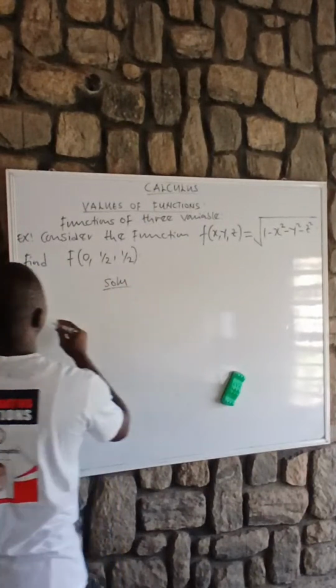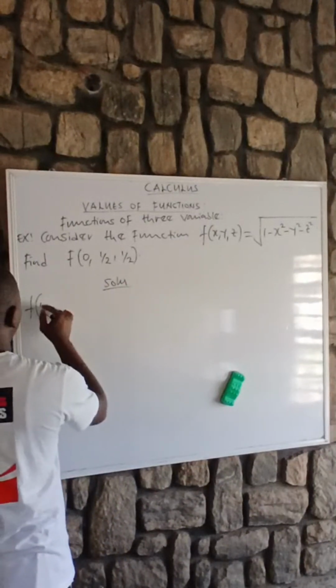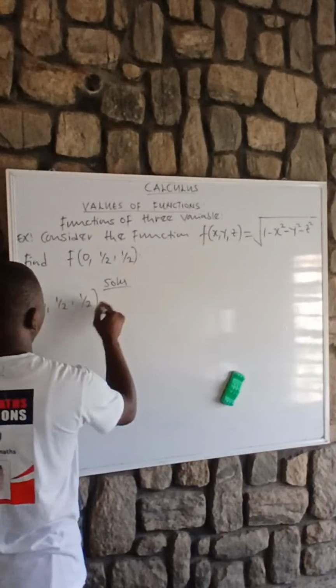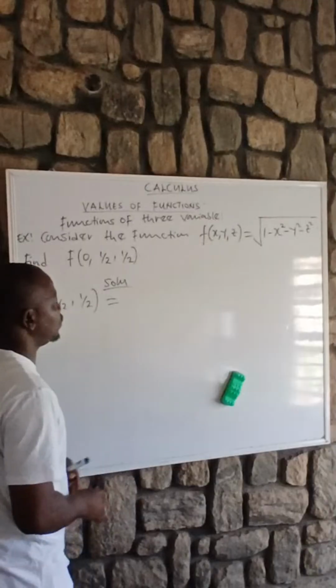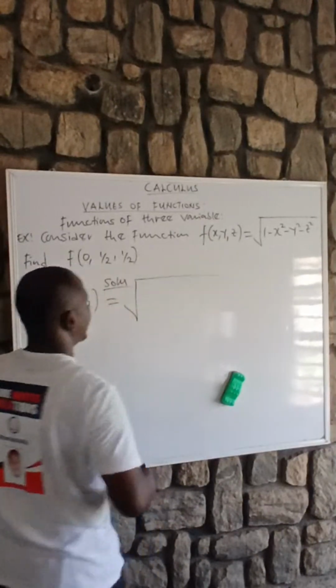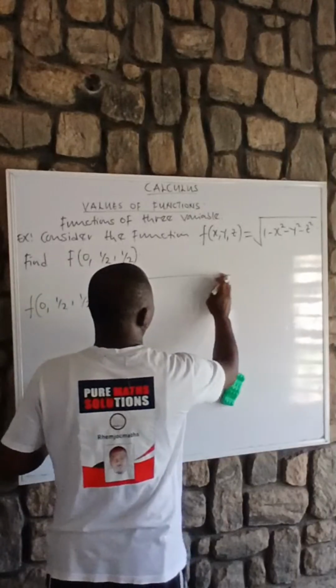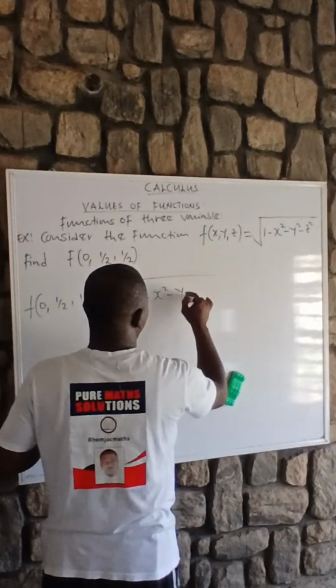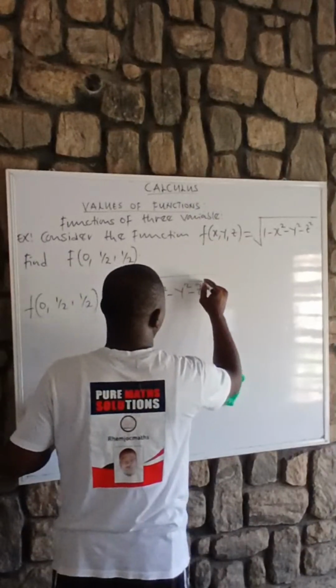So our f of 0, 1 over 2, 1 over 2 is equal to the square root of 1 minus x squared minus y squared minus z squared.